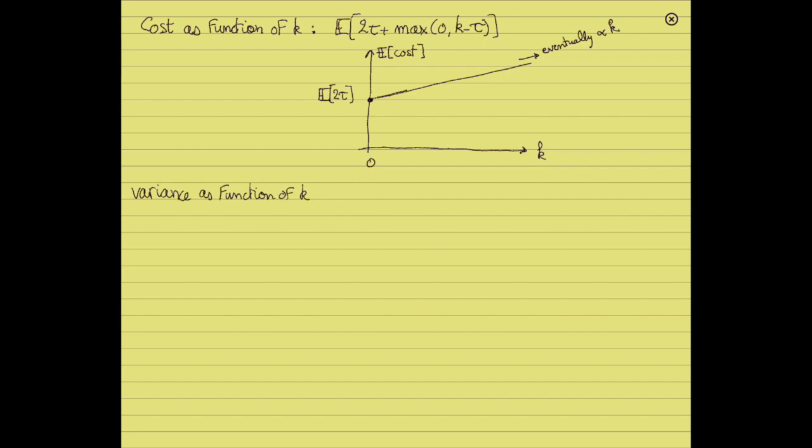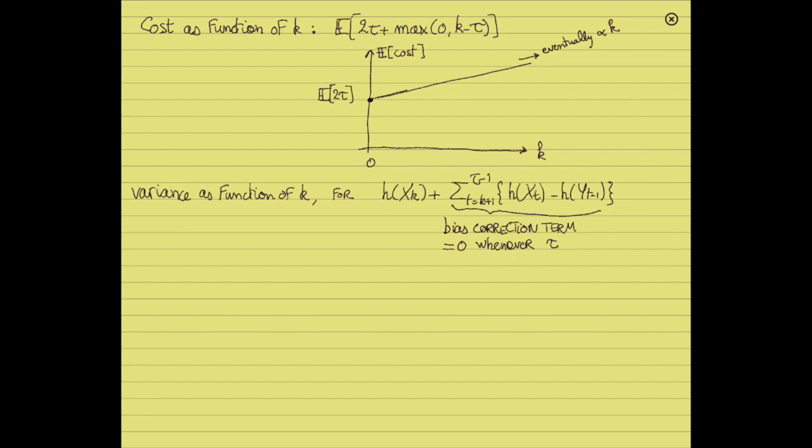Next, let's have a look at the variance as a function of k. I'll recall the estimate is h of xk plus the bias correction term, which is a sum of differences between the function evaluated at the two chains with a lag. So that's what we call the bias correction term. And note that when k is large compared to the typical values of tau, again, tau is random, but k is fixed.